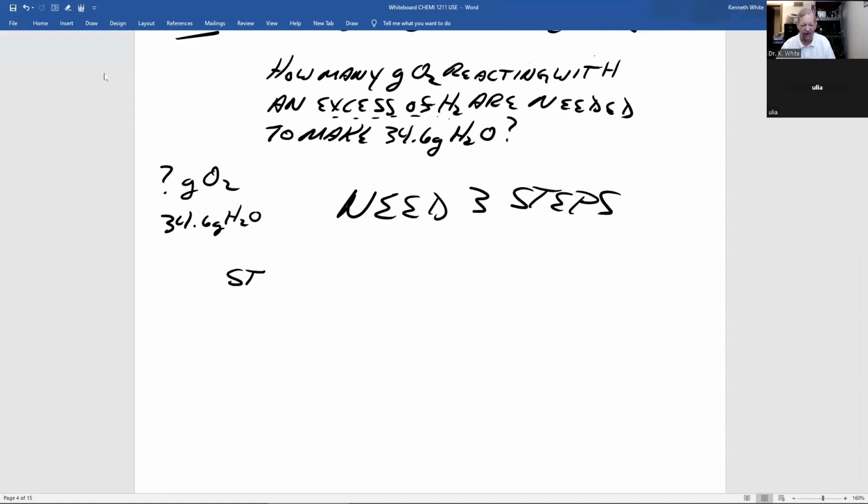So step number 1, mass of A to moles of A. Now, what's A? Whatever you're given a weight in. In this case, that'd be grams of water to moles of water.